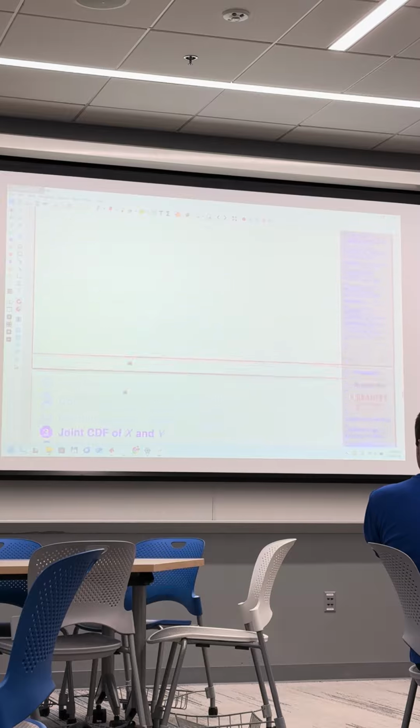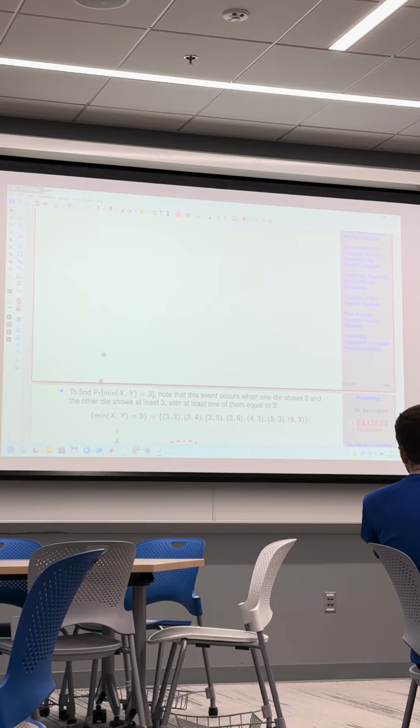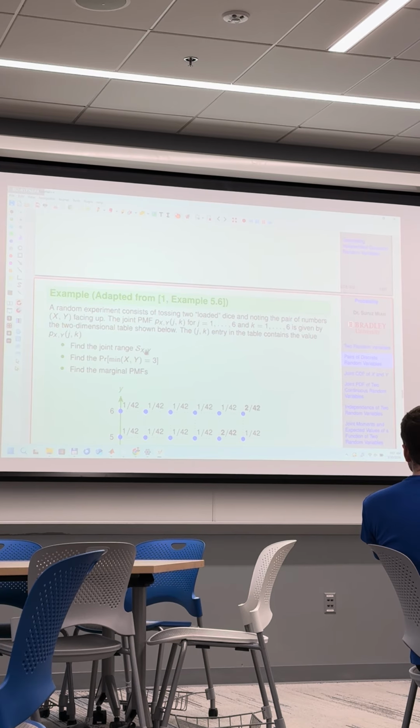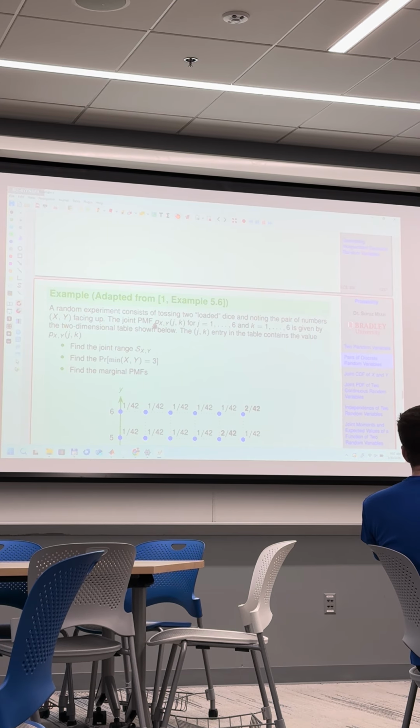So in our last class, we did talk about this example, which is coming from two loaded dice.